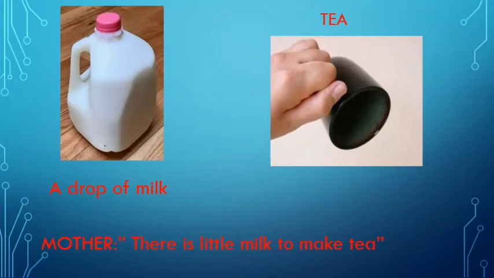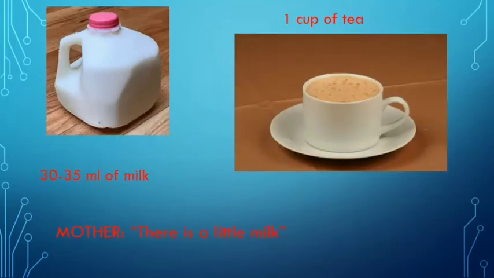Okay, but in the second situation, in the milk jug there is about 30 to 35 ml of milk. At that time, two guests have arrived at your home. Two of your relatives have come to your house.